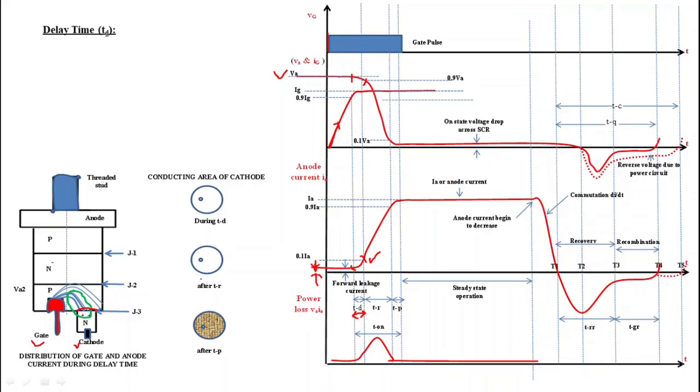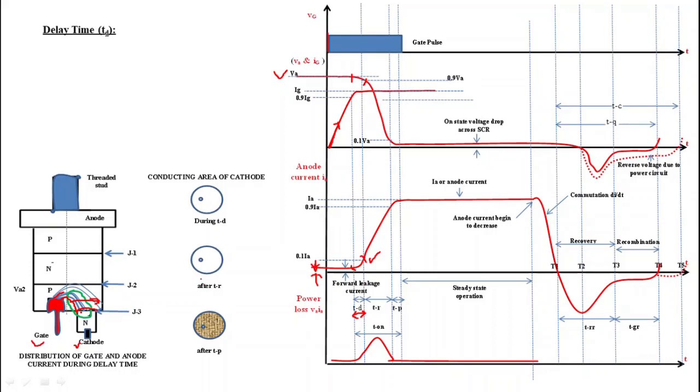We can easily see here that gate current density is more near the gate junction and it is less as the distance from gate increases. We see here that these lines are sparsely located as the distance from gate increases, while these lines are densely located as the distance from gate decreases. So gate current density is much higher near gate and it decreases as distance from gate increases.